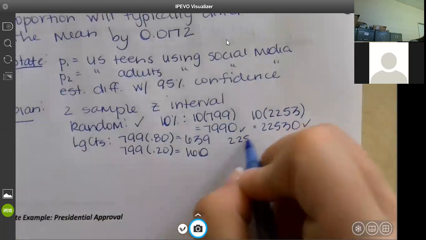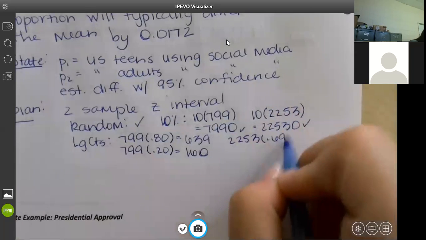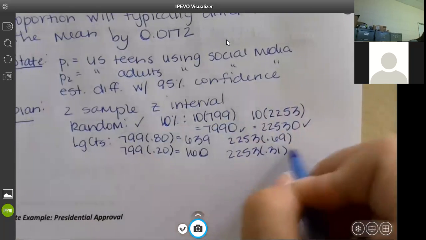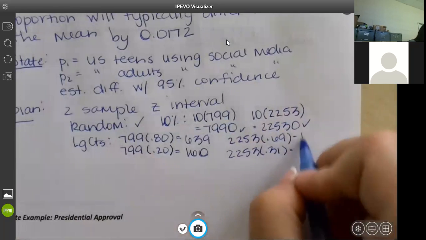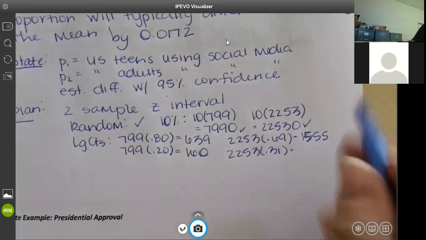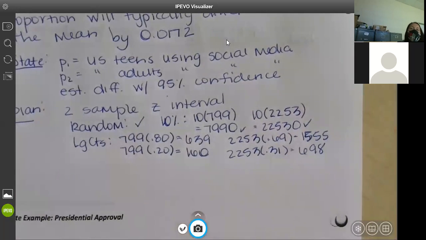Then we have 2253 times 0.69 and 2253 times 0.31, which gives you 1555 and 698. So all of those are good.